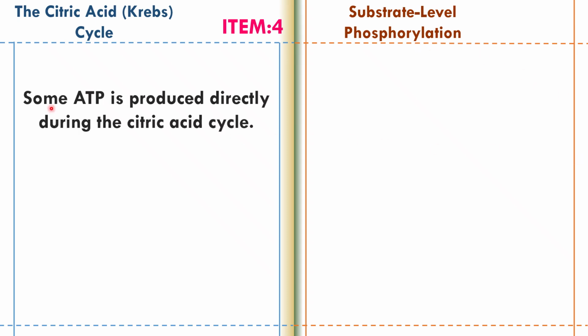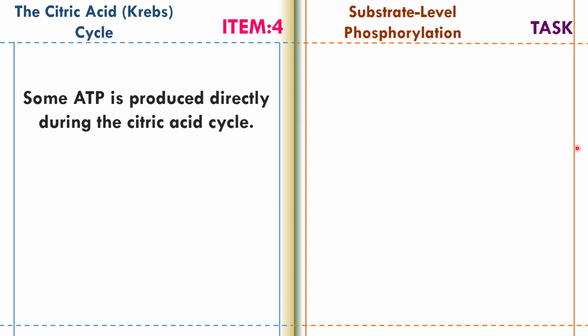The citric acid Krebs cycle, item 4. Let's look at substrate level phosphorylation. Some ATP is produced directly during the citric acid cycle.